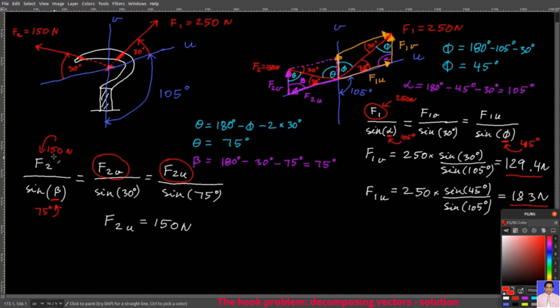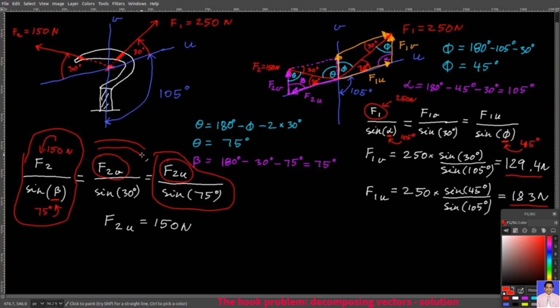Why? Well, look, this one, it's F2 over sine beta, and beta is 75 degrees. And then this one here, in the denominator, you also have sine 75 degrees. So in both cases, you have sine 75 degrees in the denominator, and they are equal to each other. So if F2 is 150 newtons, then F2U must also be 150 newtons.